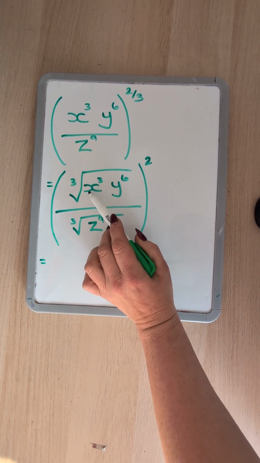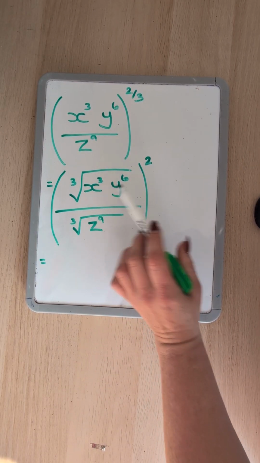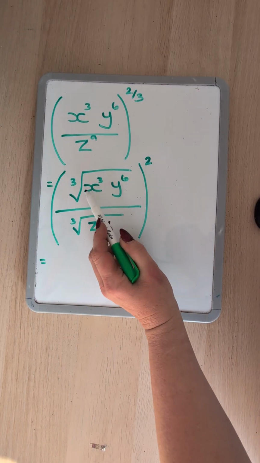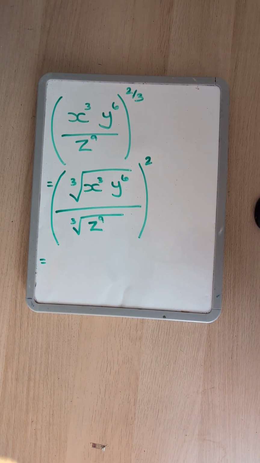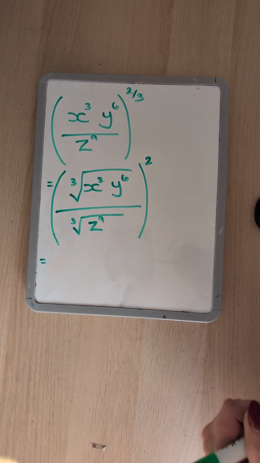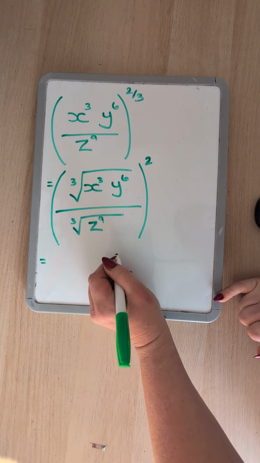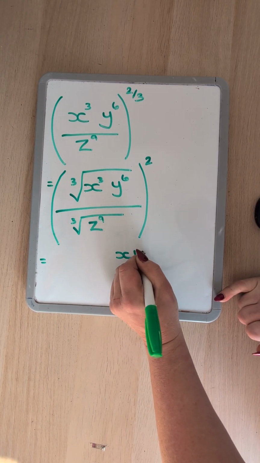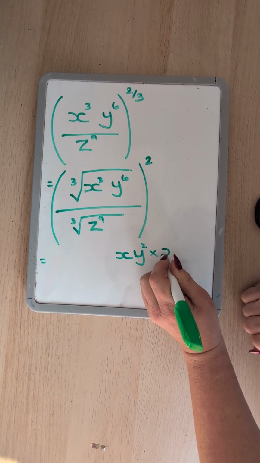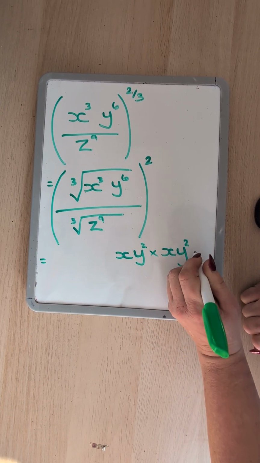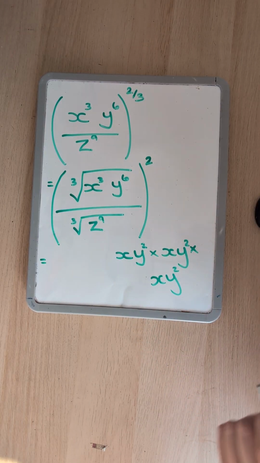the cube root of this. What multiplied by itself 3 times makes this here? I've actually put the powers in quite nicely, so you will get a whole number in terms of the power. Okay? Think about, you've got x times y squared times x y squared times x y squared.